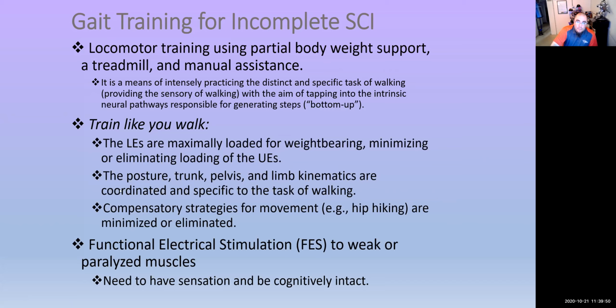Train like you walk. The lower extremities are maximally loaded for weight bearing, minimizing or eliminating loading the upper extremities when we're in gait. The posture, trunk, hip, pelvis, knees, and limbs kinematics are coordinated and specific to the task of walking. Meaning you have to teach the patient again how to walk.